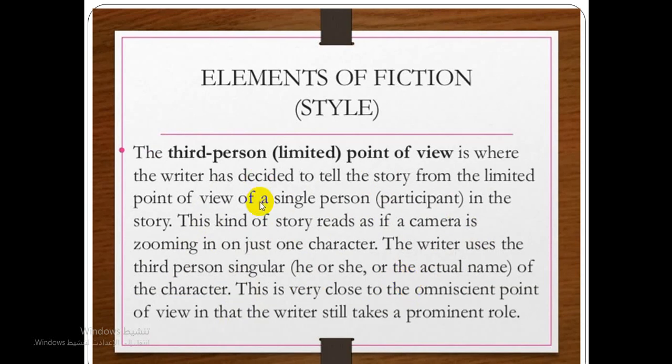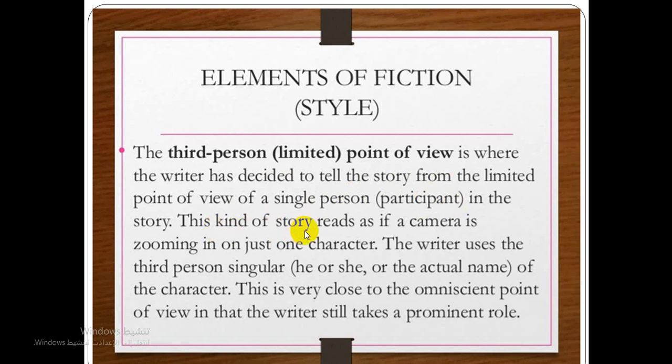The third person point of view is where the writer has decided to tell the story from the limited point of view of a single person participant in the story.